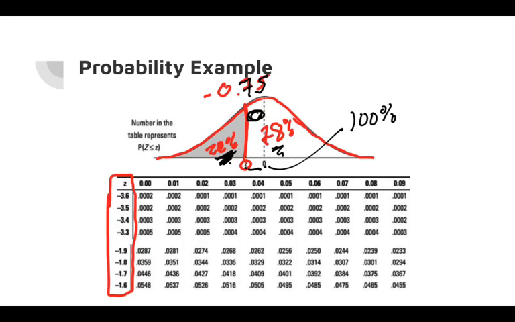Okay, well, if on my curve, if this is 22%, and I know that the mean is always at 50%, okay, well, how much more do I need to get? The probability of being in between there and the mean is going to be 28%. Because, right, 22 plus 28 is going to get me to the 50.